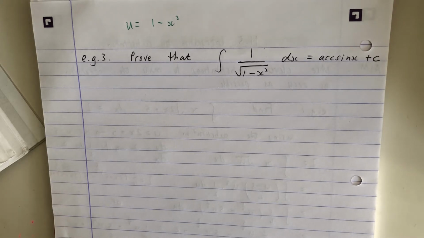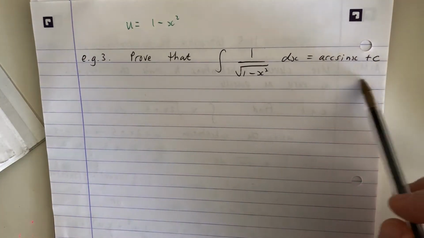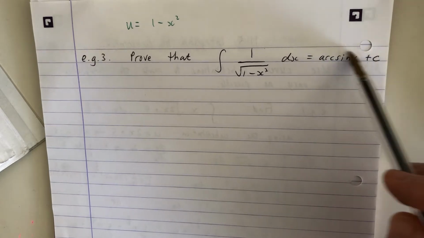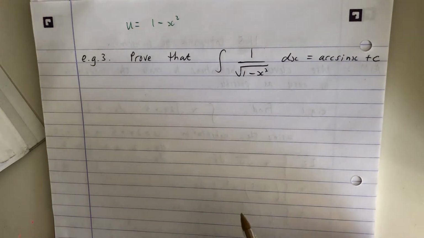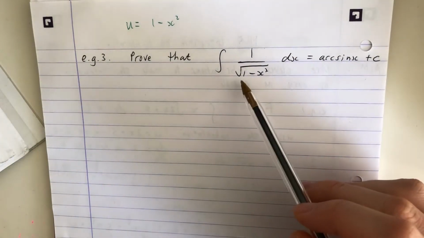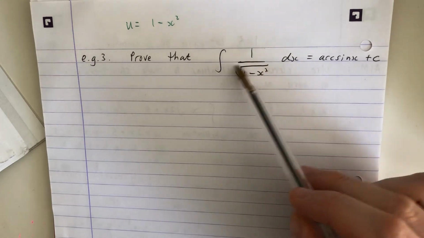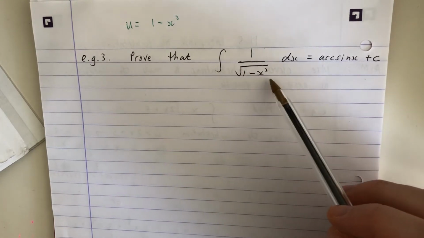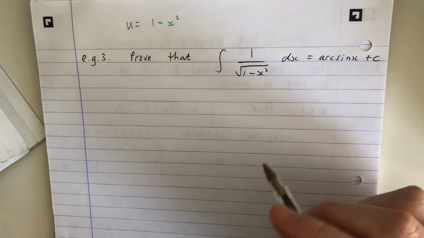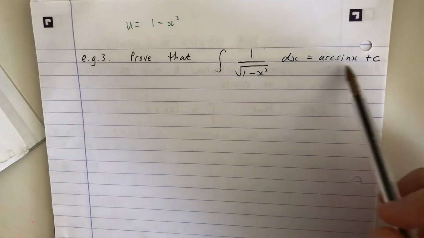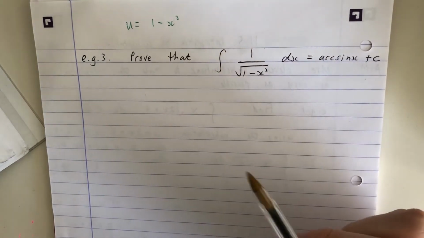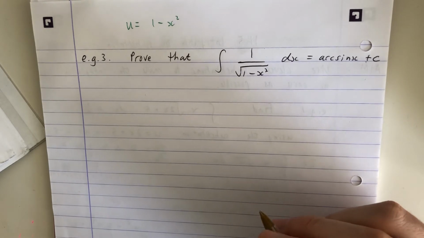Now, the clue is obviously in what the answer is giving you. Somehow this ends up something to do with trig. And you might recognize one of the trig identities, something 1 minus something squared. And that's the clue you're going to look for. So you've got something to do with sine, you've got something to do with 1 minus x squared.